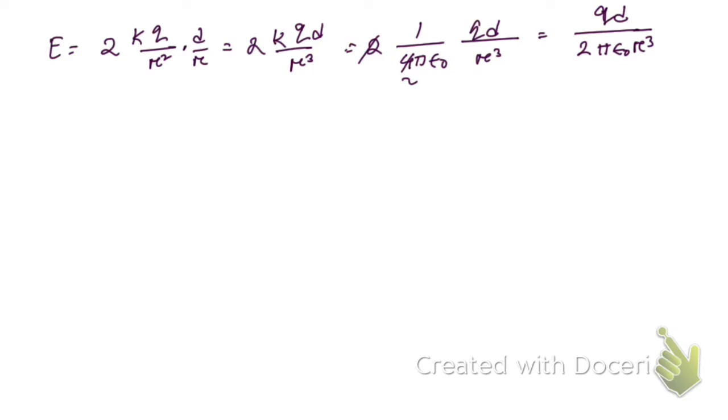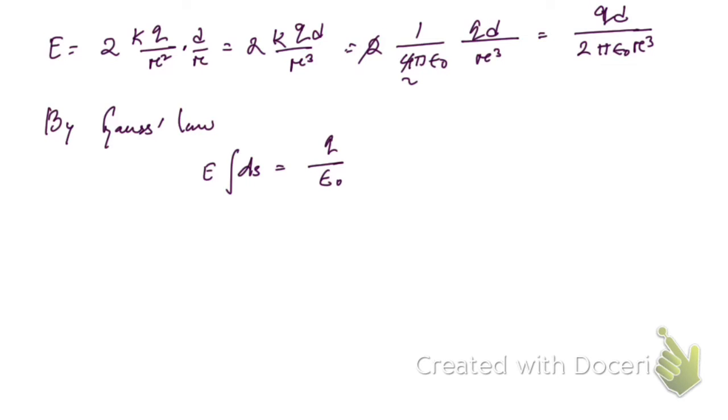And by Gauss law, we know the electric flux, E dot ds, or simply E times the integral of ds, is equal to q by epsilon naught.